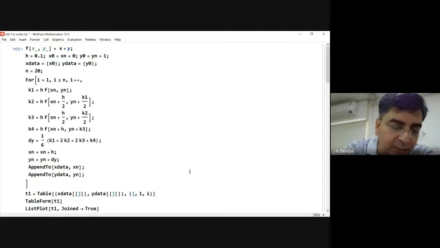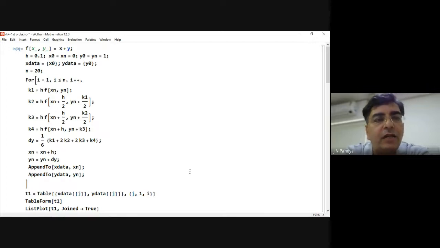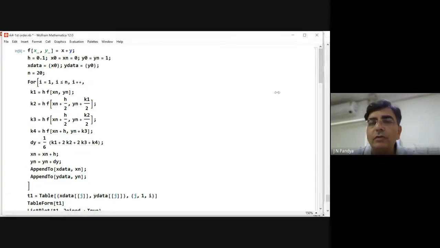See, basic idea is that I am just trying to demonstrate that what in normal condition requires a full code to be written in Mathematica, it can be done in one line. There are both the things available in front of you. One is full code giving you the same output. The other one is only one line code that also gives you the same output, right?